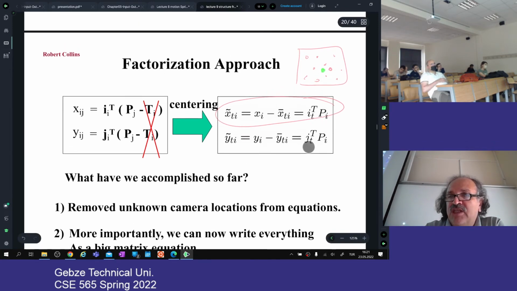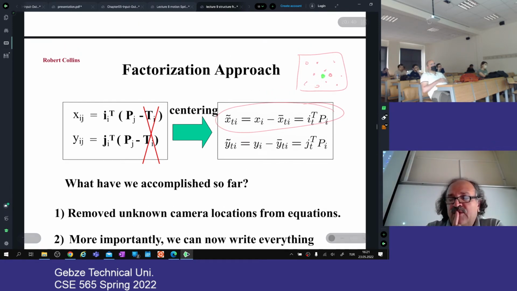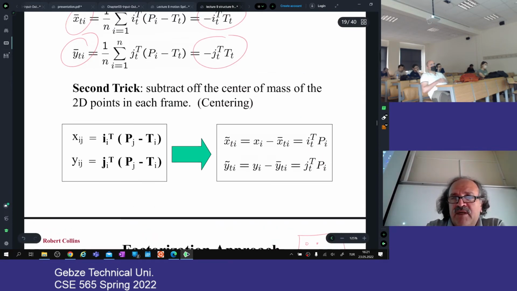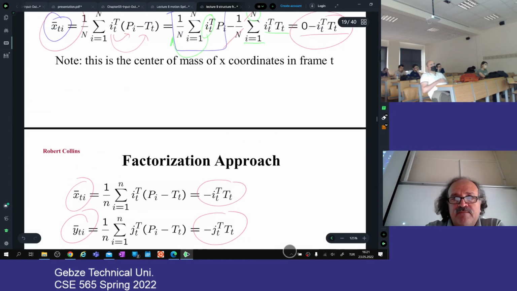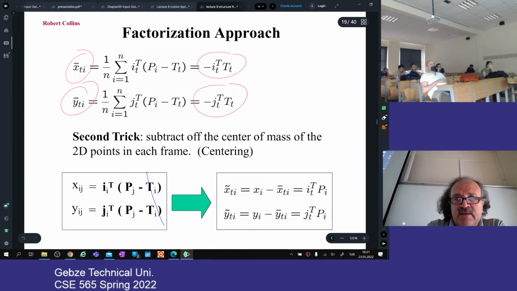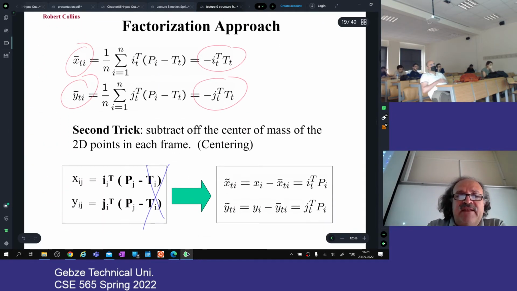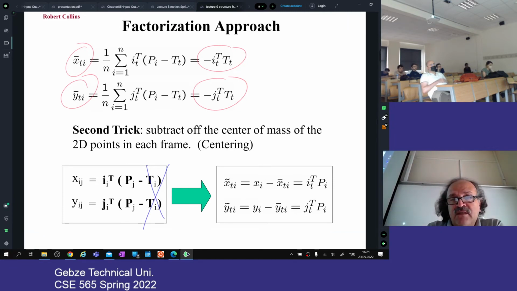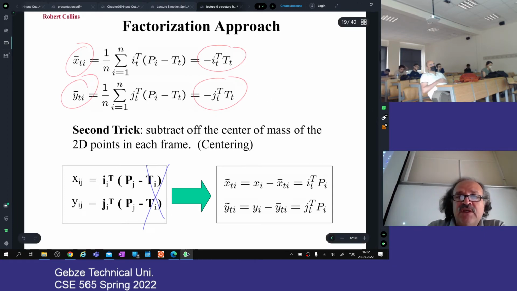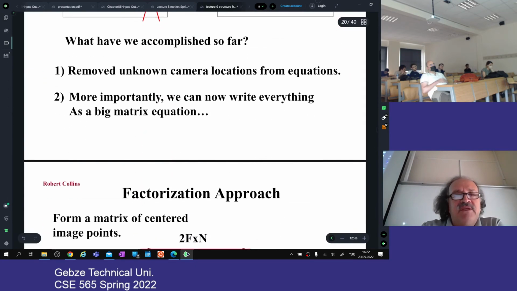I_i^T P_j. Okay? And because of this subtraction, okay, these t_i went away. I don't have the t_i. I don't have the translation vectors in this case, okay, because of the trick that we use, our second trick. They are gone. All I have is the rotation vectors, or the rows of the rotation matrix.